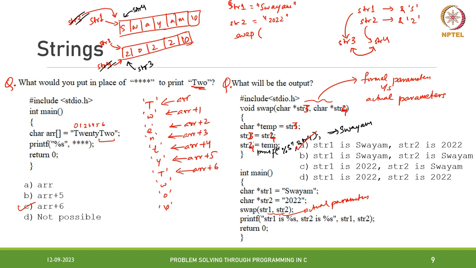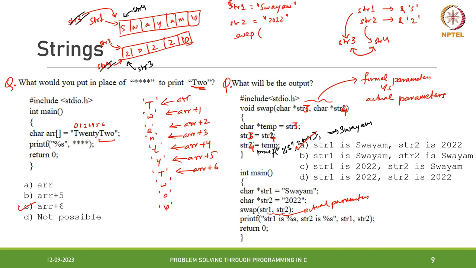Yes, sir. Among all the questions, this is probably the toughest one that I have seen so far, especially when you see that it's not written as str3 and 4, rather it's written as str1 and 2. So that creates an extra confusion whether this str1 and this str1 are the same.